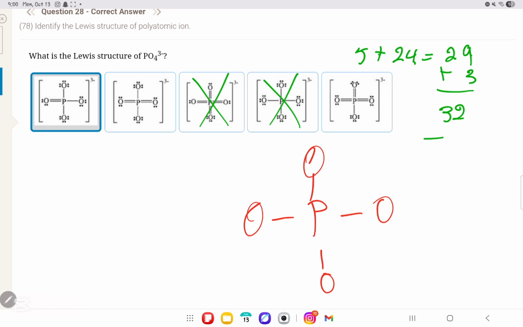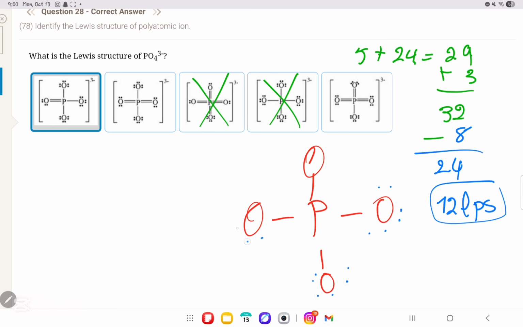We will now subtract by the number of electrons used. So that's 4 times 2, which is 8 electrons, based on the bonds, of course. So 32 minus 8, that's going to be what? That's going to be 24. 24 divided by 2, that is 12 lone pairs. So that's going to be 1, 2, 3, 4, 5, 6, 7, 8, 9, 10, 11, and 12.